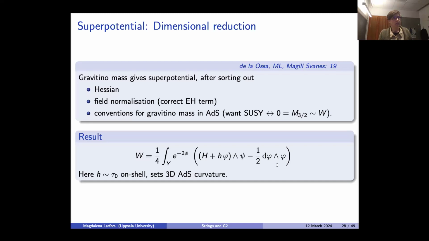But the other thing is, how do we actually derive the supersymmetry conditions? The supersymmetry conditions that we want to reproduce with the superpotential. Well, the way that those are derived is by looking at the action with both fermions and bosons, and then checking what kind of transformations of these fields, sending fermions to bosons and bosons to fermions, would preserve the action. That is the supersymmetry that we're after.